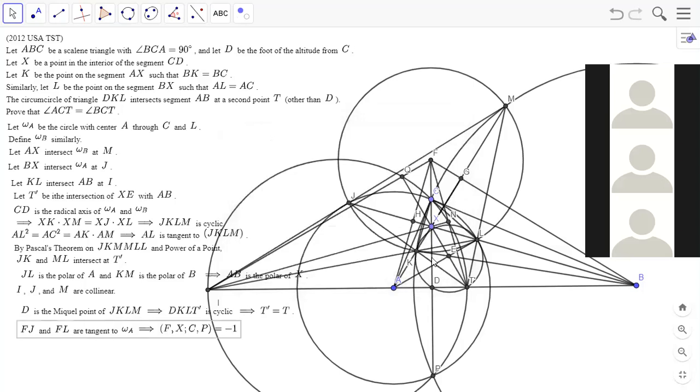And then once we know that, invert about the circle with center F and radius square root of FN times FT.